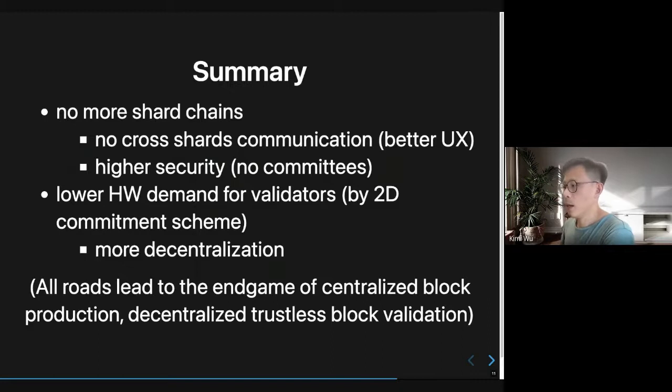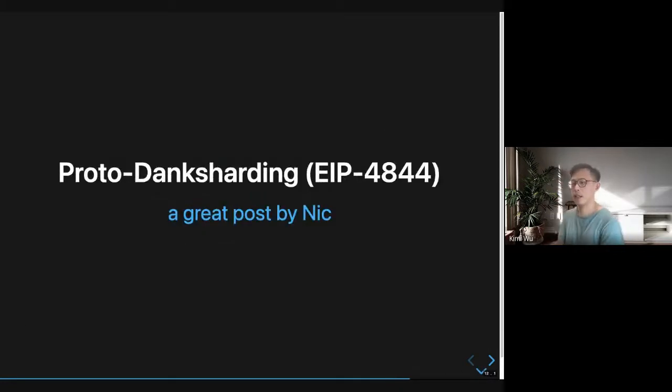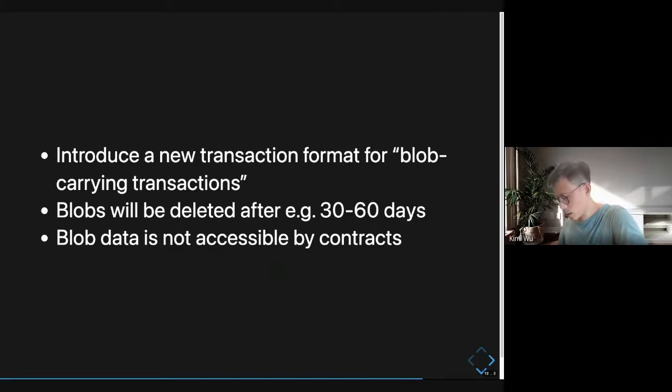Okay, and then next let's talk about proto Danksharding. Oh, this post is in Mandarin. Proto Danksharding is also EIP 4844. And what is proto Danksharding?